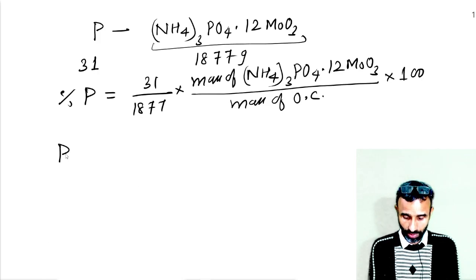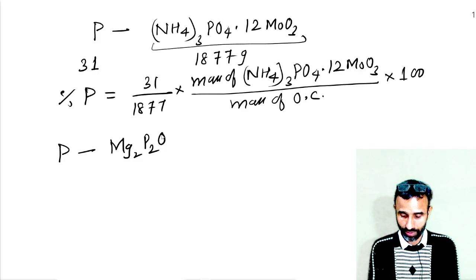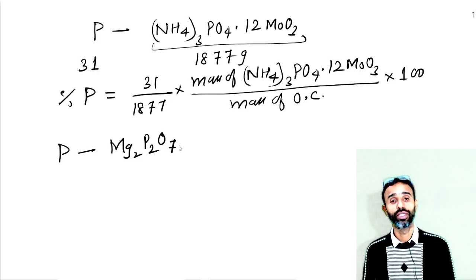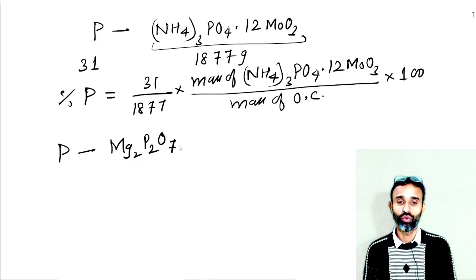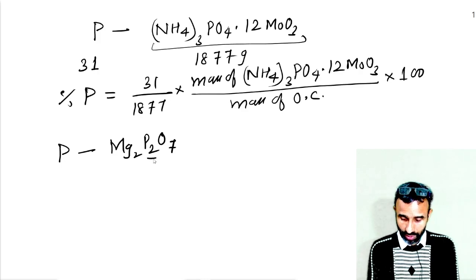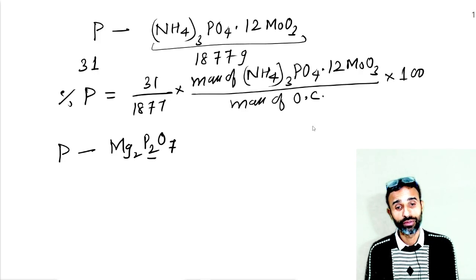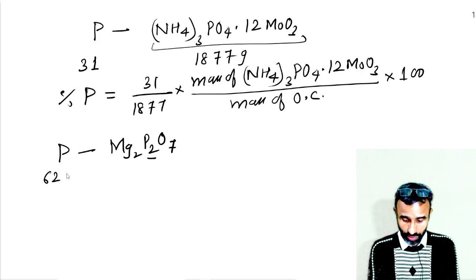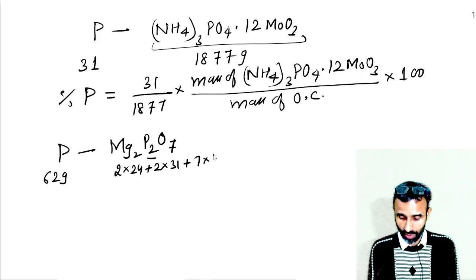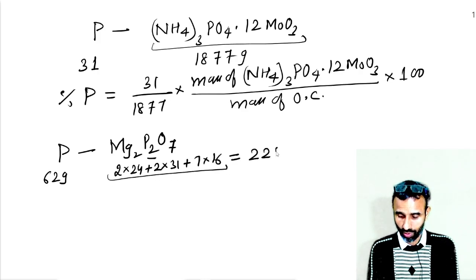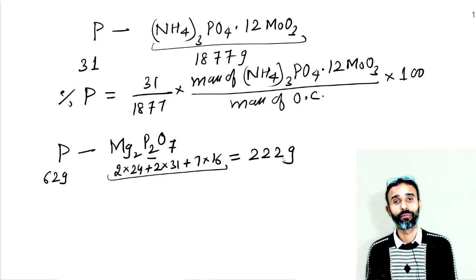Or sometime it can be estimated in the form of magnesium pyrophosphate. This is Mg2P2O7. So in this case there are two phosphorus. So it is 62 gram and it is 2 into 24 plus 2 into 31 plus 7 into 16. So it comes out to be 222 gram.